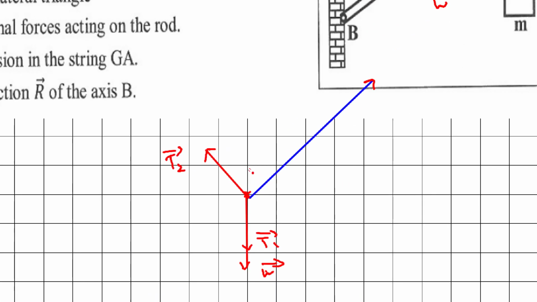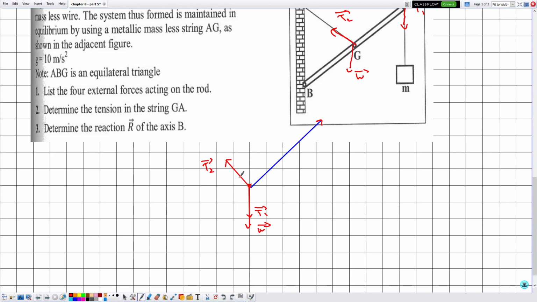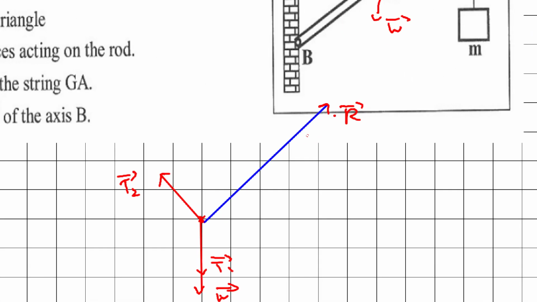Because these two, if you add them, imagine, in order for these forces to balance each other, the logical direction of this force R is something like this, because this will move downward.